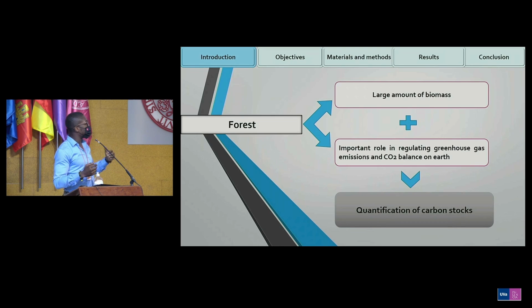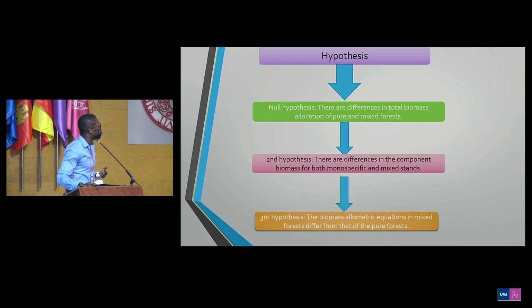However, there are some researchers who say they do not find benefits of mixed forest compared to pure forest. So upon our research, we were able to come up with some hypotheses. The first hypothesis: are there differences in the total biomass allocation of pure and mixed forest?